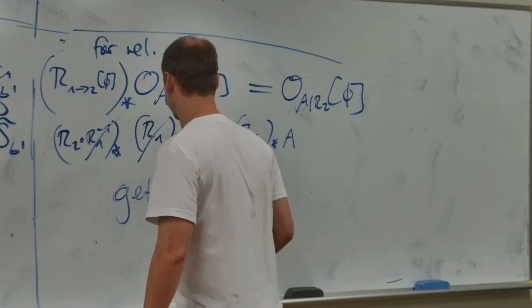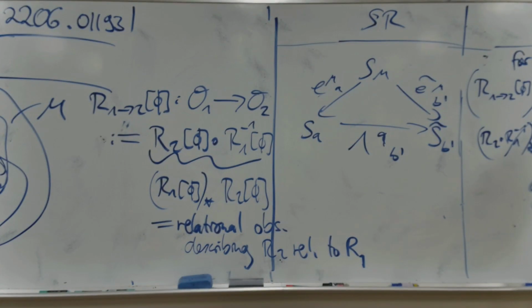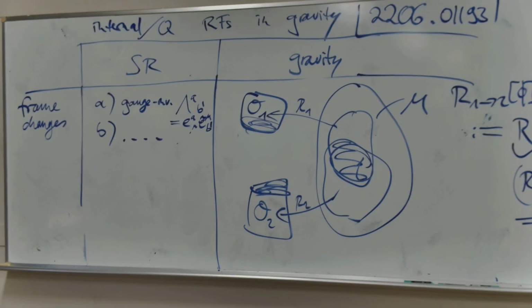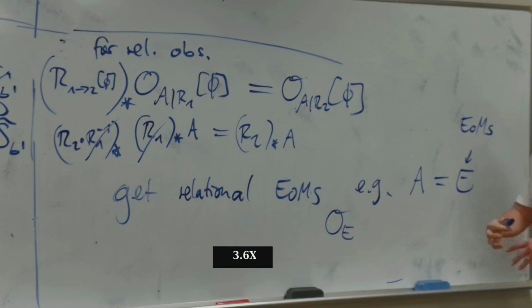So we get relational EOMs. So for example, A is E, where E is the tensors corresponding to your equations of motion, and O of E. So this here is like EOMs, okay? So they come as tensors.